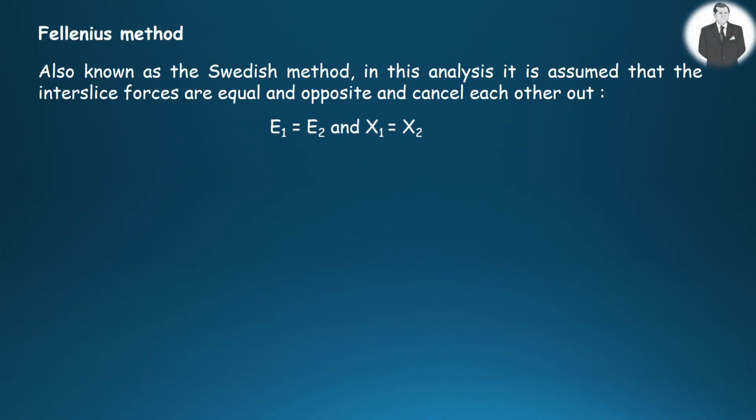In the Fellenius method, also known as the Swedish method, it is assumed that the interslice forces are equal and opposite and cancel each other out.